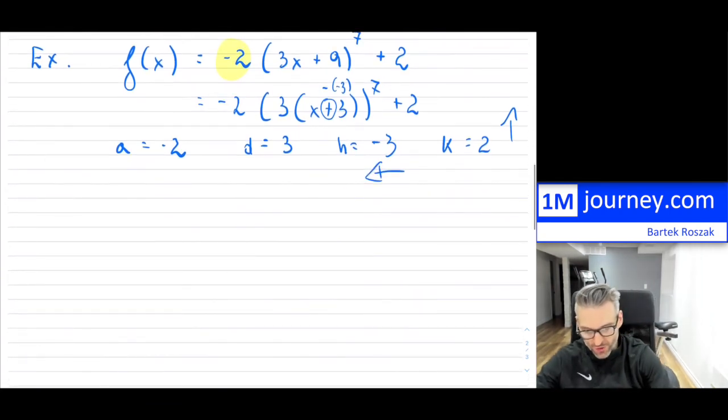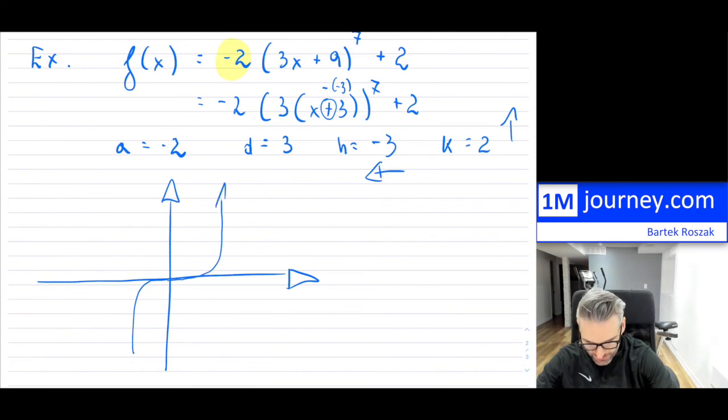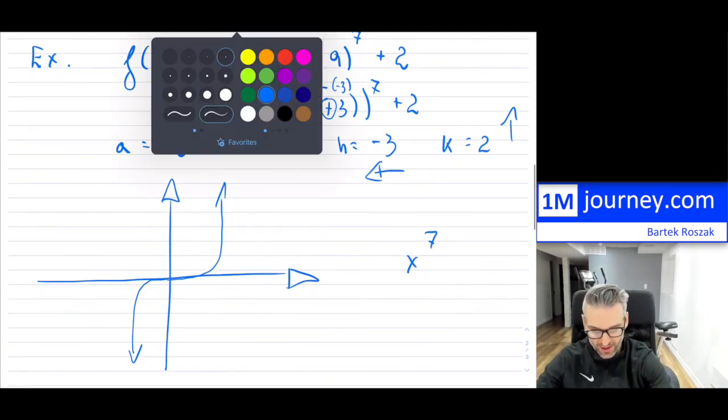If I would sketch this out for myself, I'll do a real sketch of this. The original, this was to the 7, is going to look like this. That's my original, x to the 7. Now the a, which is the -2, is going to stretch it out.